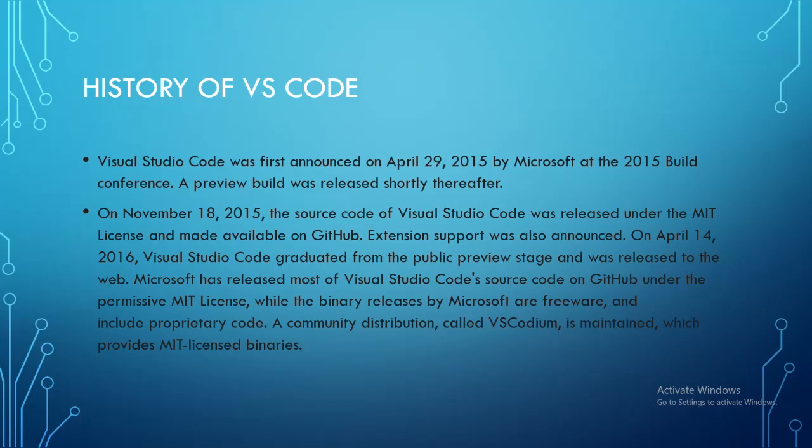There are small key points for the history, like it was announced on April 29, 2015 by Microsoft, and its source code is released under the MIT license and made available on GitHub, and extension support was also announced, while the binary releases by Microsoft are freeware and include proprietary code.